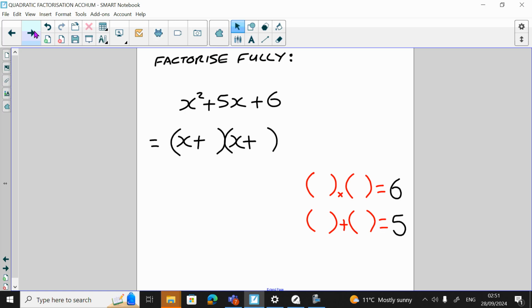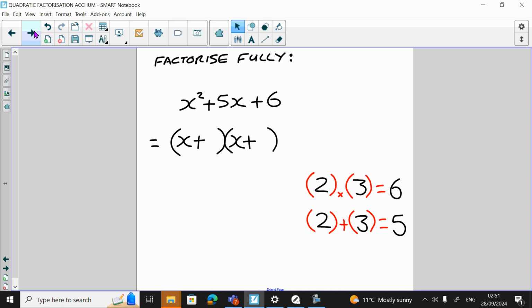There are only two possibilities here. Well, for us, there's only two possibilities. And I'm sure you've guessed them by now. 2 and 3, or 3 and 2.